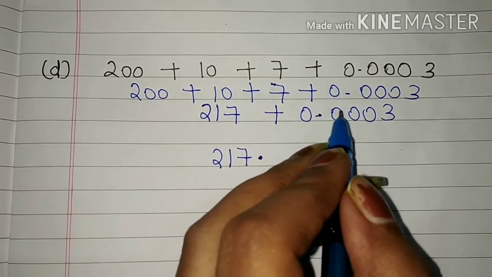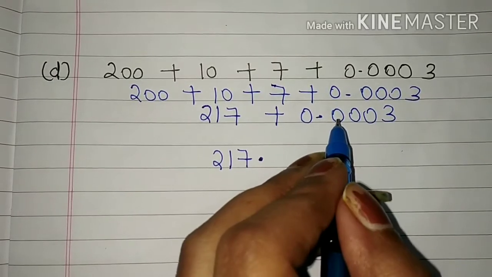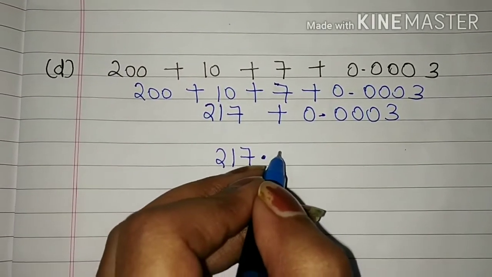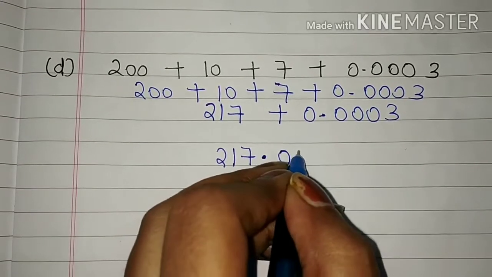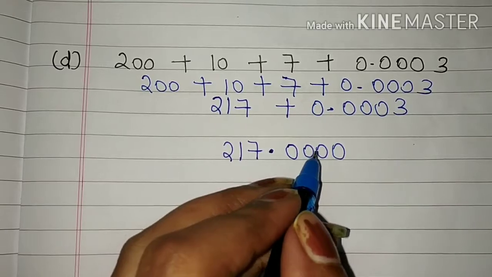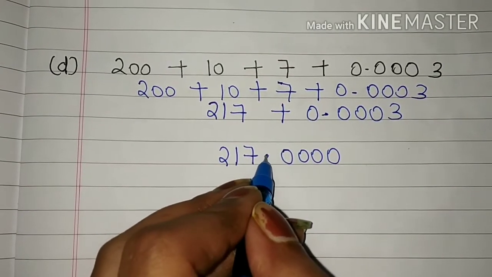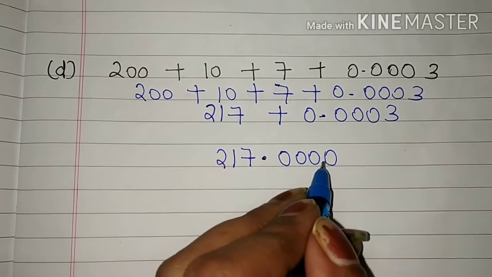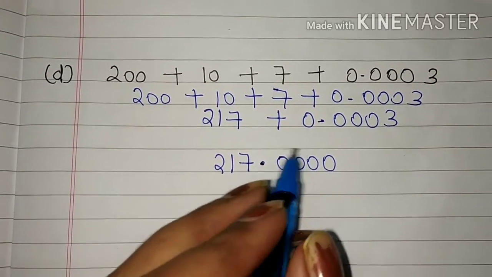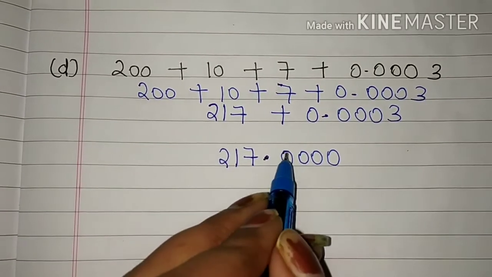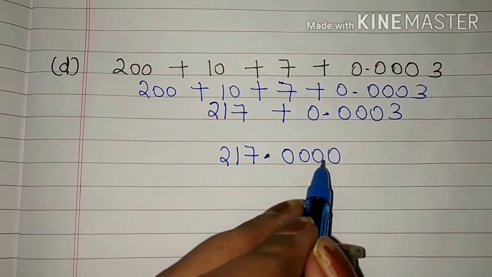So students, here also we will write 4 times 0. Students, just to make a calculation easy, we will put a decimal point here and write 4 times 0 after a decimal point. Students, after a decimal point, there is no value of 0.